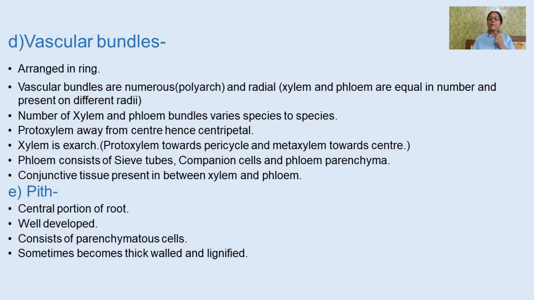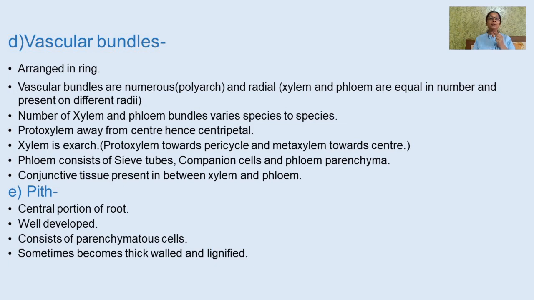They are of the radial type, that is, the xylem and phloem are present in equal number, and they are present on different radii. They are not present in the same bundle, they are present on different radii, hence we call them a radial type of vascular bundles. As their number is many, we call it a polyarch type.